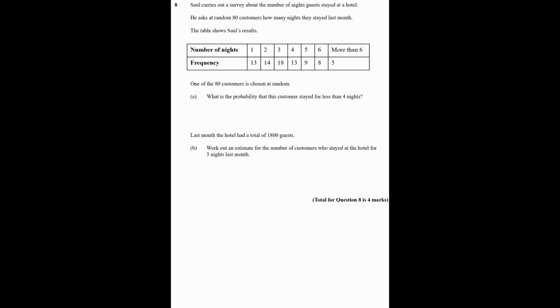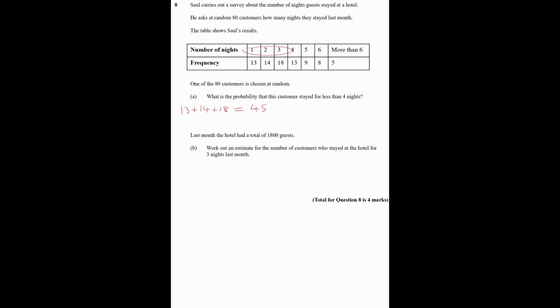So less than 4 nights means we've got 1, 2, or 3 nights. So less than 4 is 1, 2, or 3. So we need to add together those frequencies. 13 plus 14 plus 18. So we'll write that down. 13 plus 14 plus 18 equals 45.